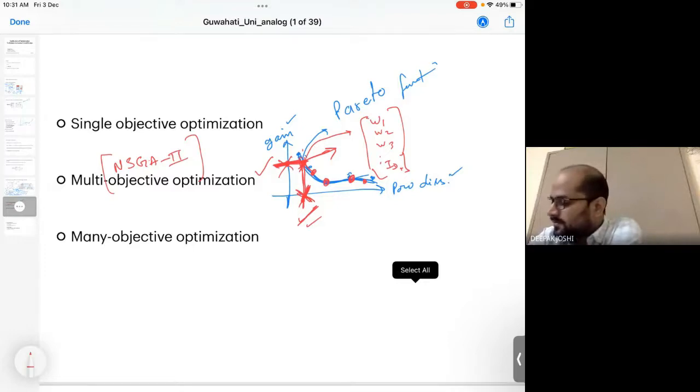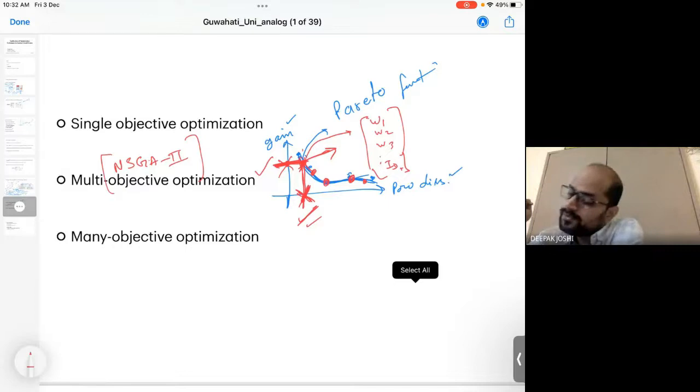This particular algorithm, non-dominated sorting genetic algorithm 2, has been applied to a variety of engineering problems, including analog circuits. Analog circuits are one application, but it has been applied to a variety of real life problems, including biotechnology, mechanical, chemical, whatnot.